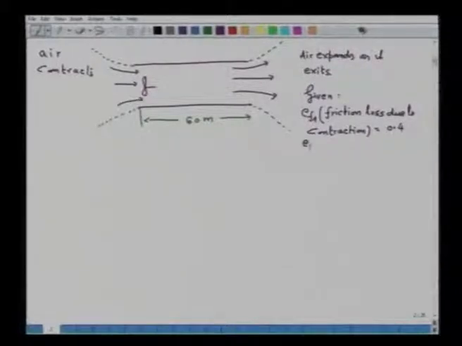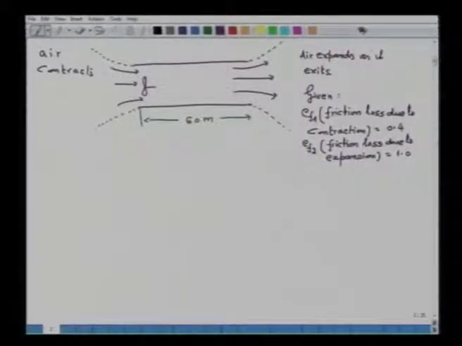Similarly, EF2, which is the friction loss due to expansion, is given to us as 1.0.